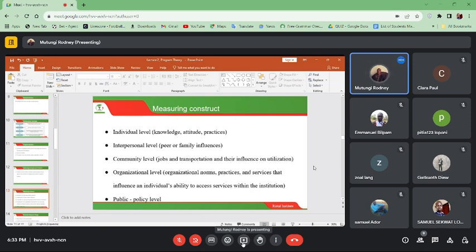The other things at interpersonal level could be peer or family influence, which is also a bit tough to measure. Transportation and its influence on utilization of a program will also be a bit problematic, but it can also be measured. And then at organizational level, we look at things like organizational norms, practices, individuals' ability to access services within the institution.